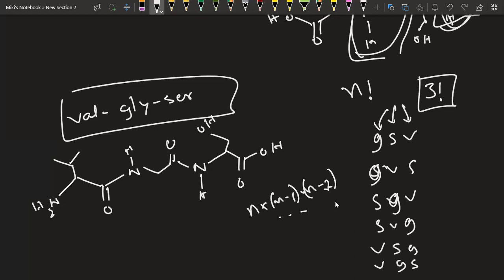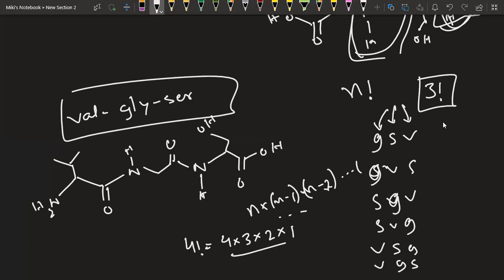So let's say you have 4. 4 factorial means what? 4 into 4 minus 1, which is 3, into 3 minus 1, which is 2, into 2 minus 1, which is 1. So n into n minus 1 into n minus 2, it goes on until we reach 1. If it is 2 factorial, that means 2 into 2 minus 1, which is 1. So until we reach 1, this factorial works like this.